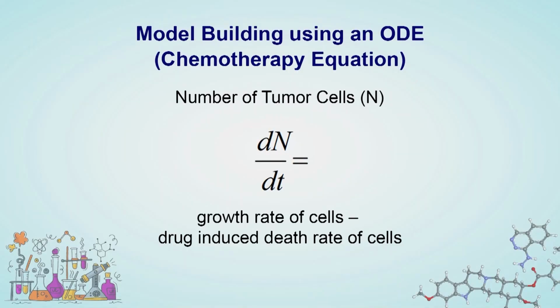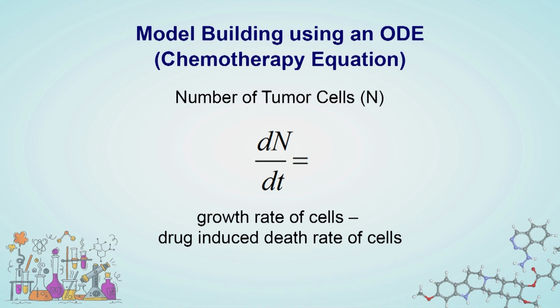How are the growth rate of cells and the death rate of cells differentiated? In general terms, we say the growth rate of cells minus the drug-induced death rate of cells, but actually we are measuring the change in N. N is the number of tumor cells. The rate of change in N is defined by dN by dt.